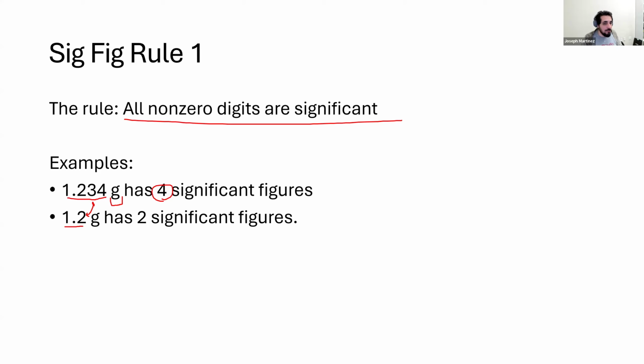But 1.2 only has 2 significant digits, meaning that it's less precise, right? So the 1.2 grams is the less precise measurement. So we take these two numbers and we say it could be measurements of the same thing, but the top one, 1.234, is much more precise because it has more significant figures. So that's rule one. That's easy. All non-zero numbers are significant.